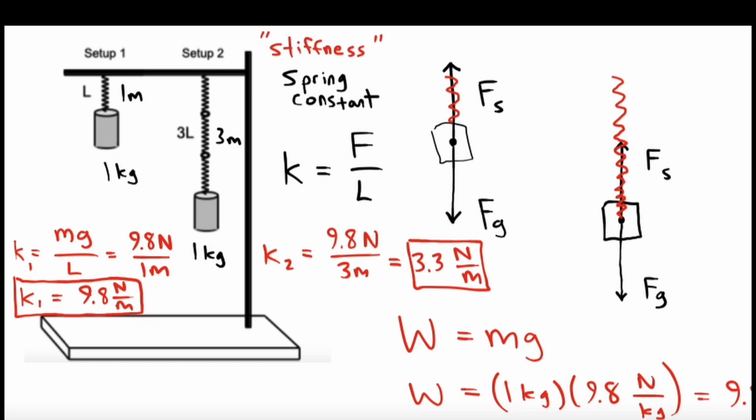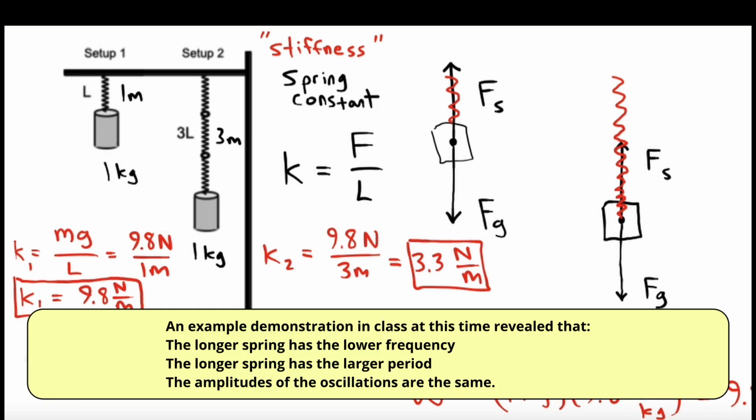Now when you think of a stiff spring, do you think the oscillation is going to have a higher frequency, a lower frequency, or the same as the 3 meter? Then what about their periods? Which one has the longer period?